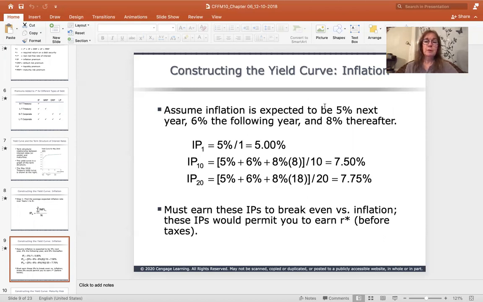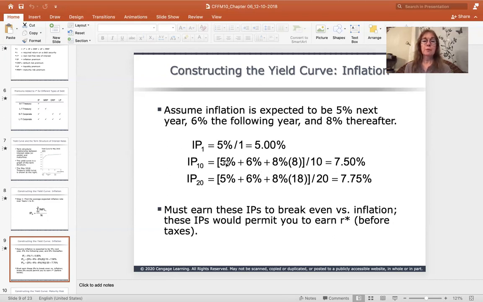Well, it's going to be 5% because 5% divided by 1 is 5%. What would the inflation premium be on a 10-year bond? Well, you just take the average of the 10 years, 5% next year, plus 6% the following year, plus 8 years at 8%.